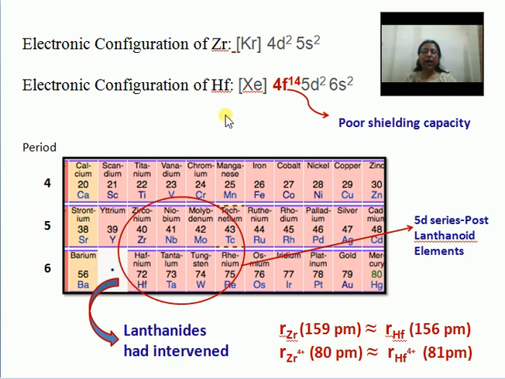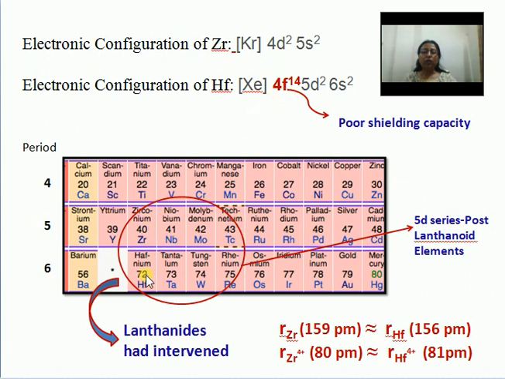I have taken one example: for zirconium it is krypton, then 4d2 5s2, and for hafnium it will be xenon and then 4f14, 5d2 and 6s2. So what is the difference between these 2 elements' electronic configuration? The main difference is the incorporation of these 4f14 electrons, and these are very poor shielders of nuclear charge. So this makes all the difference.